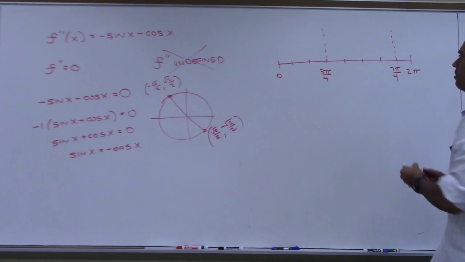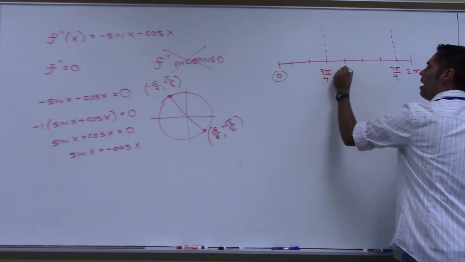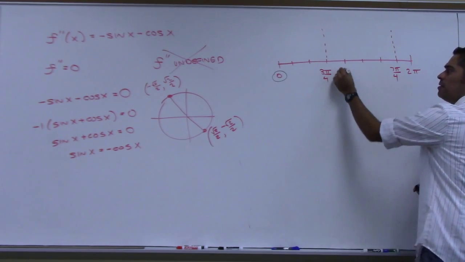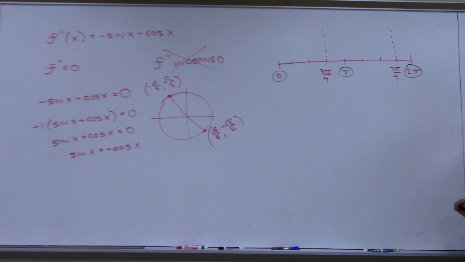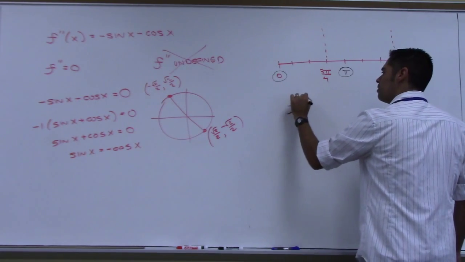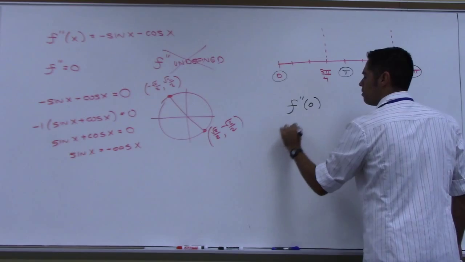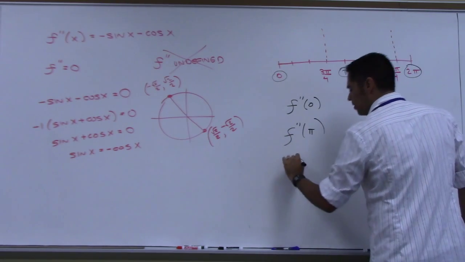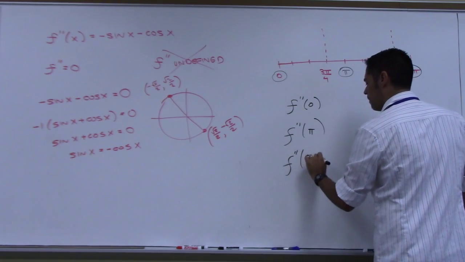You want to do 0, pi. So same ones, 2 pi. But this time they're going into the second derivative instead of the first derivative. So what's the second derivative at 0, second derivative at pi, second derivative at 2 pi?